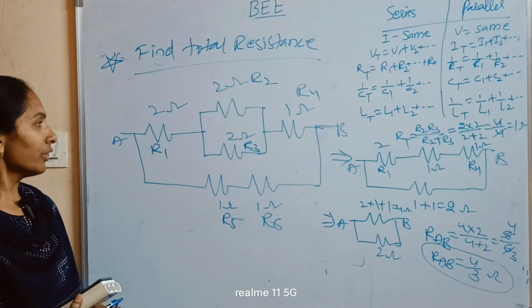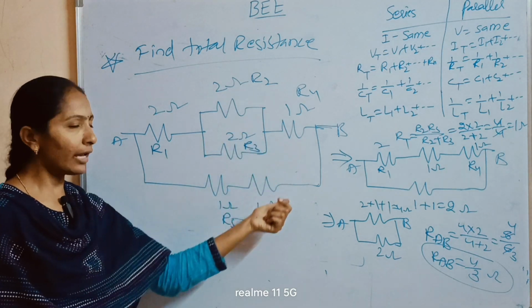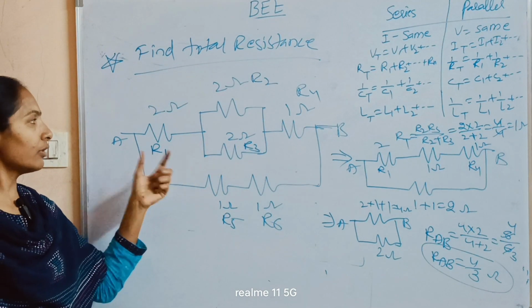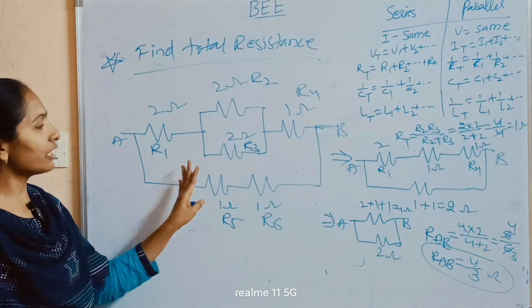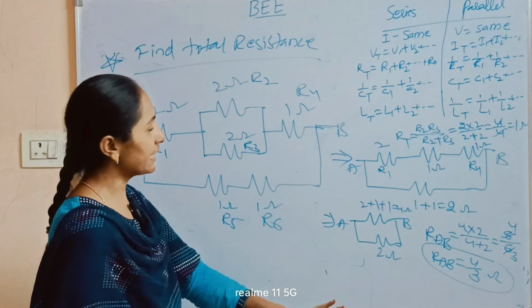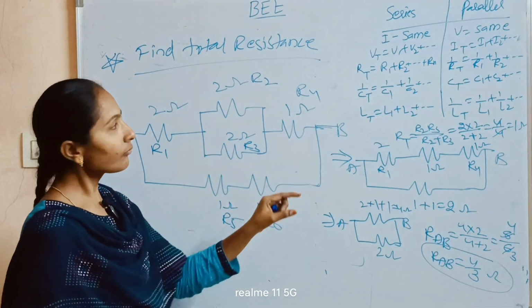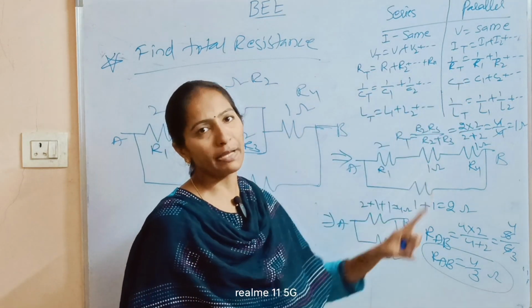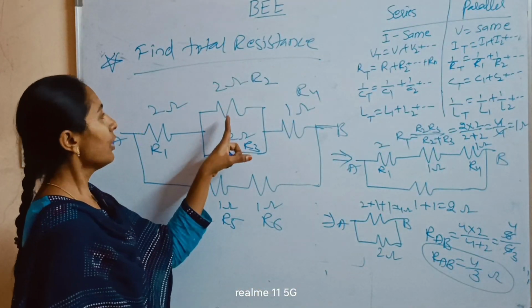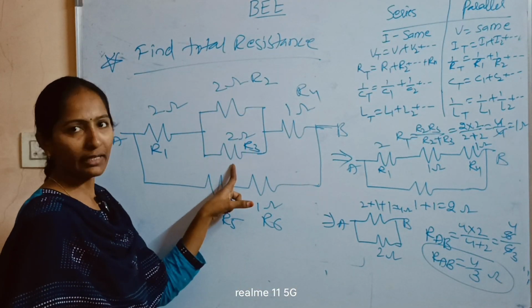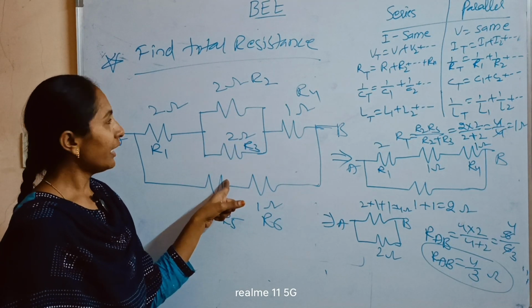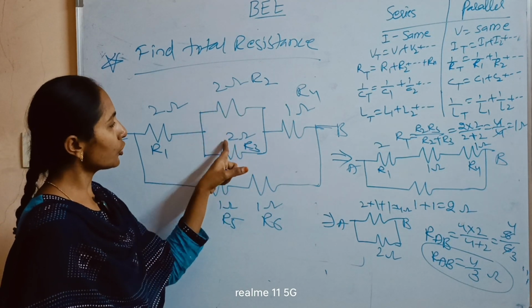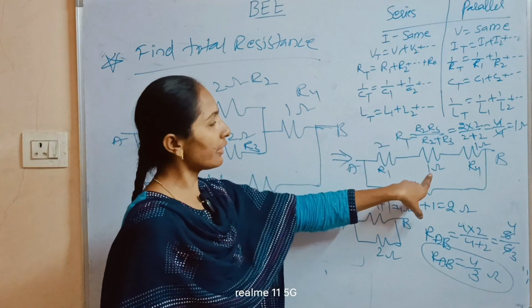Okay. So basically it looks like a complicated circuit, but based on the series and parallel combination it is very easy. Just follow the formulas of series and parallel connection. So now here R2 R3 are in parallel, so just total it, then we'll get 2 into 2 by 2 plus 2, which gives 1 ohm here.